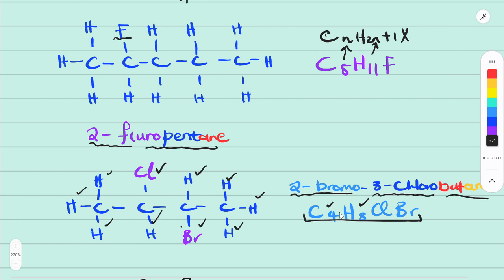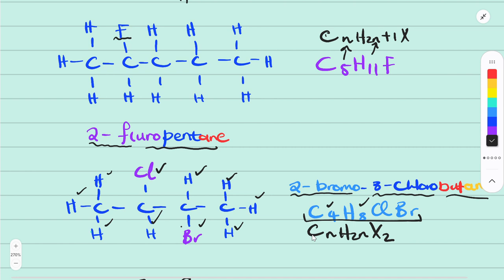When it comes to the general formula, this now becomes CnH2nX2. Every extra halogen you add is substituted in place of a hydrogen.